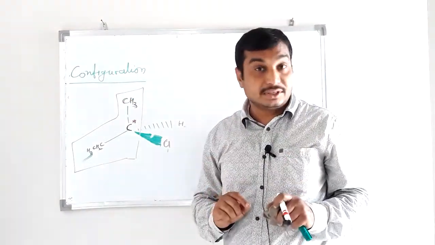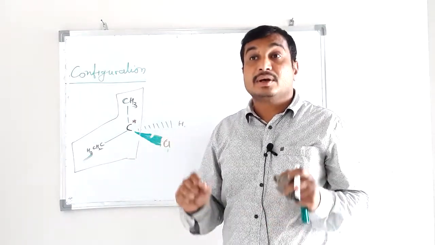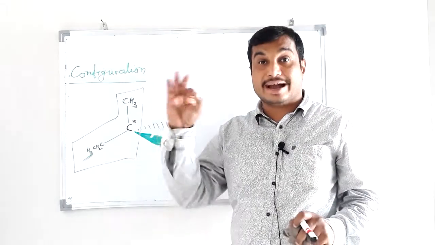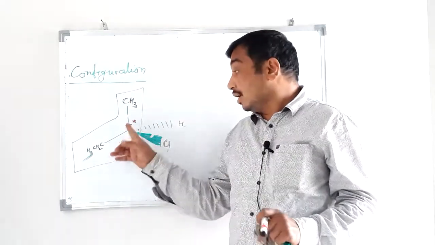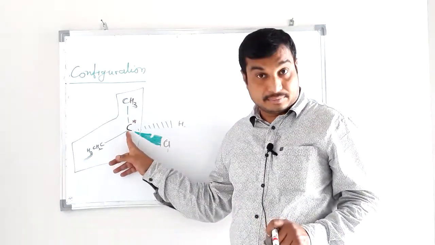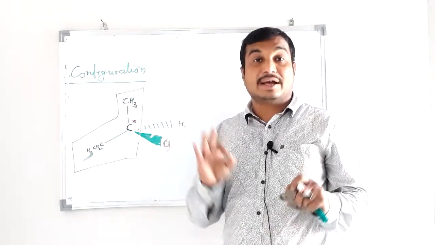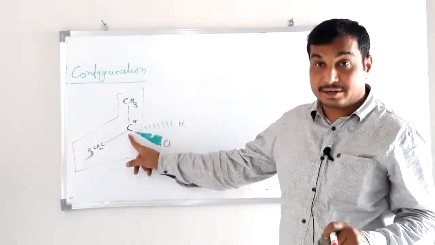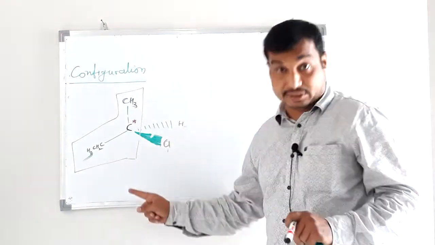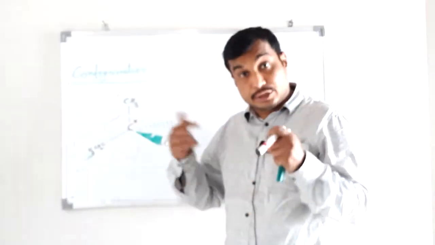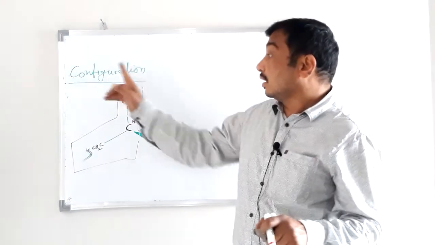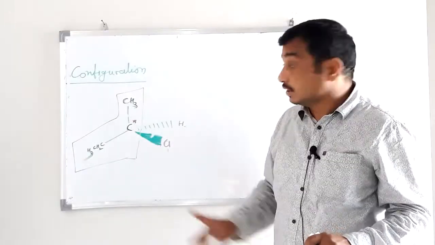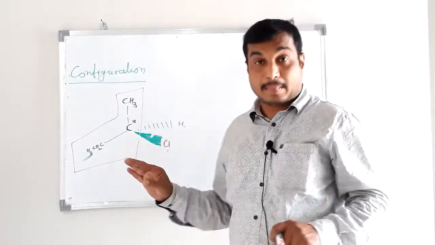So what is configuration? Configuration means fixing or identifying the position of atoms or groups of atoms attached to a chiral carbon atom. Whatever four substituents are attached to this chiral carbon atom, when their position and orientation are known, that is called configuration. So this is the fixing.